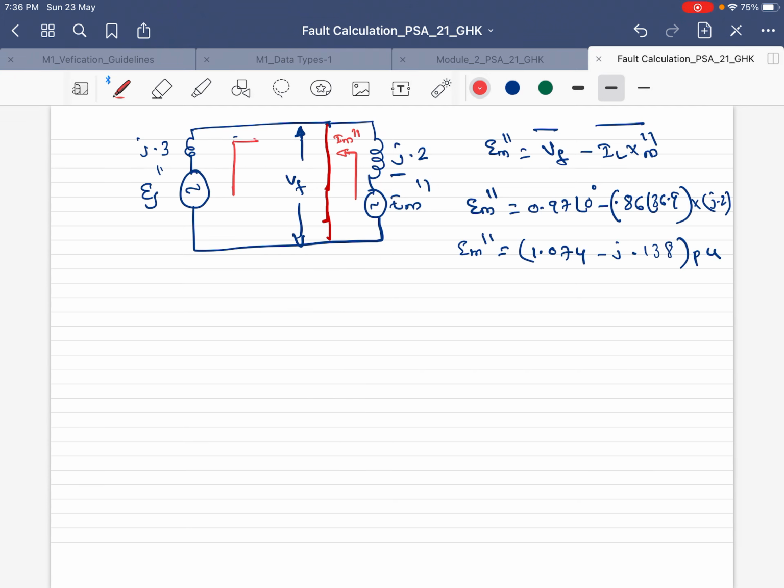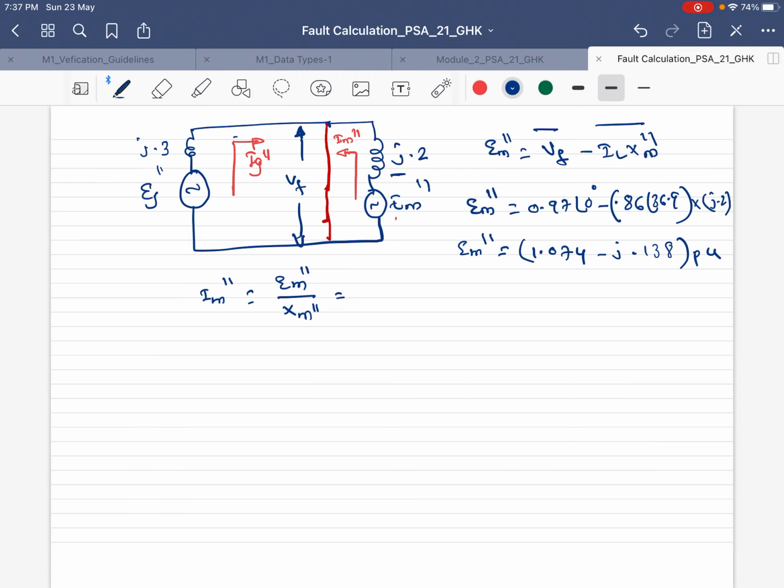There is a contribution from the generator, Ig double dash, and a contribution from the motor, IM double dash. This IM double dash is nothing but EM double dash divided by j0.2. Therefore, IM double dash is equal to EM double dash divided by XM double dash.